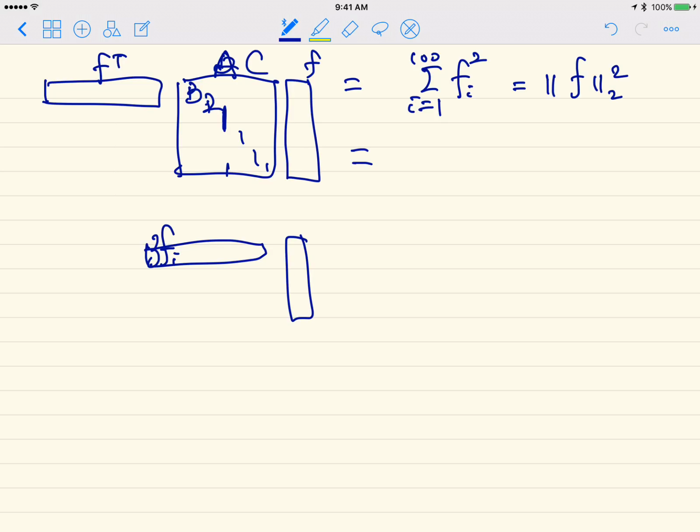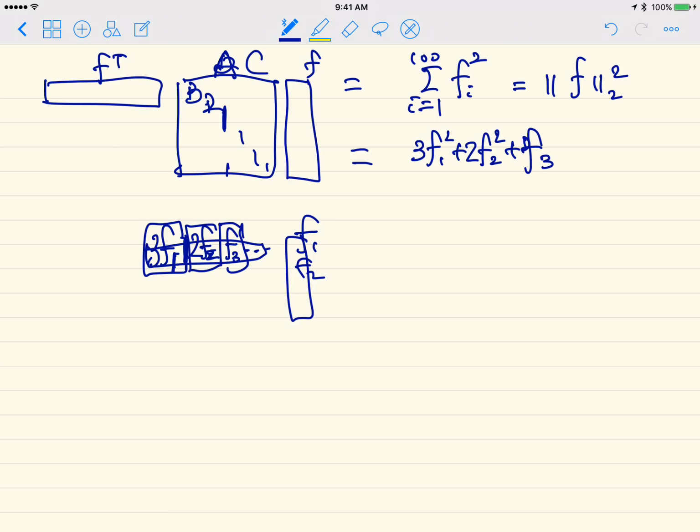It will be 3 times f1 squared, 2 times f2 squared, and the rest is the same.